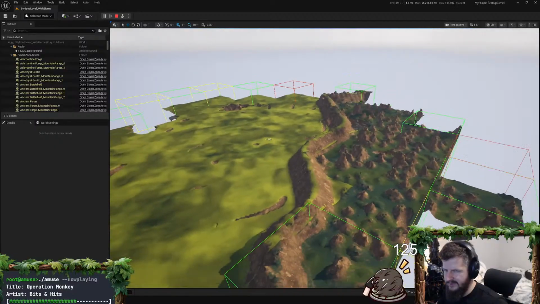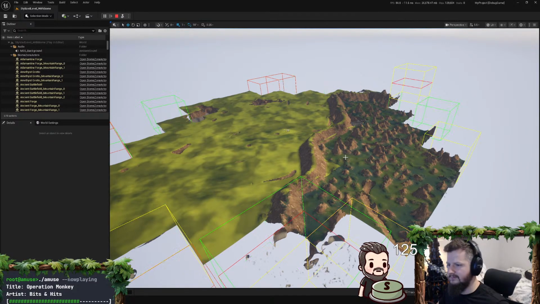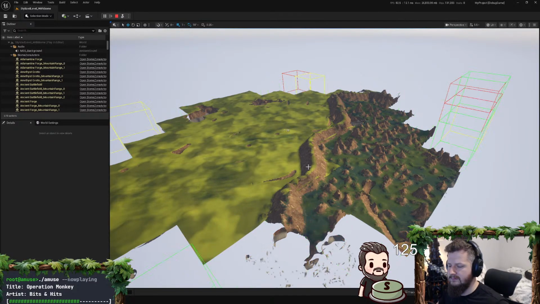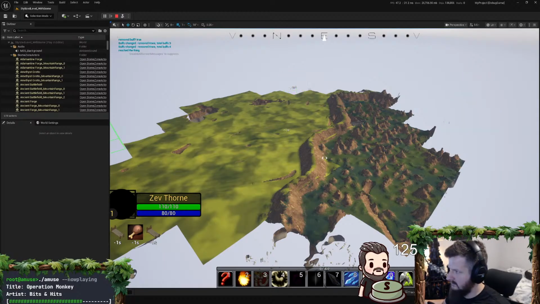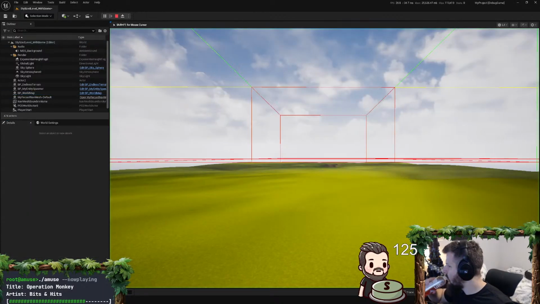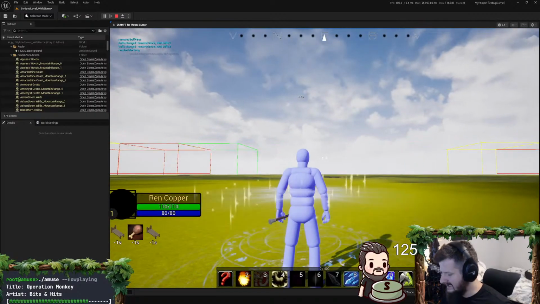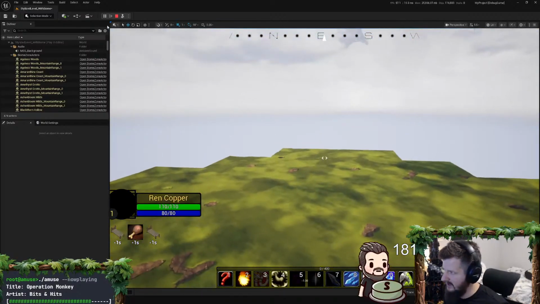Okay, so I want a steeper seed. Nope, I said steeper, not flatter.